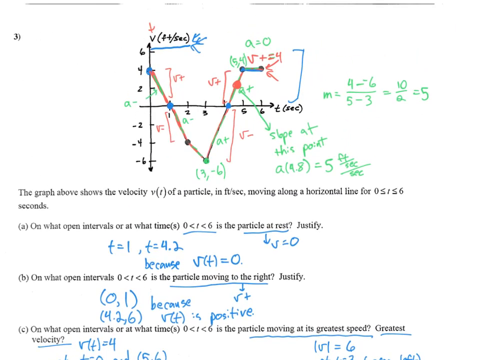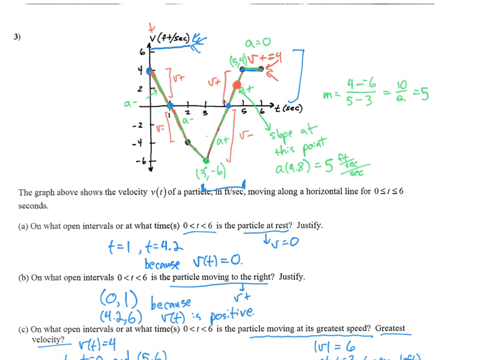So if we zoom up to the graph, what I see are some negative slopes over here, and I see positive slopes right there, and 0 slopes right there. So the acceleration or the slope of this velocity graph would have to be the greatest when the slope is positive. There's only one interval where the slope is positive, and that occurs from 3 to 5.